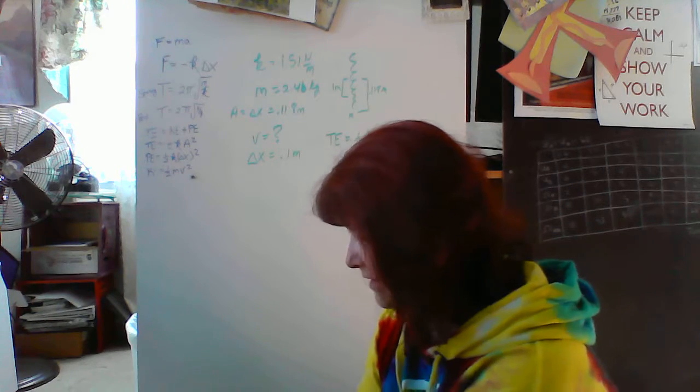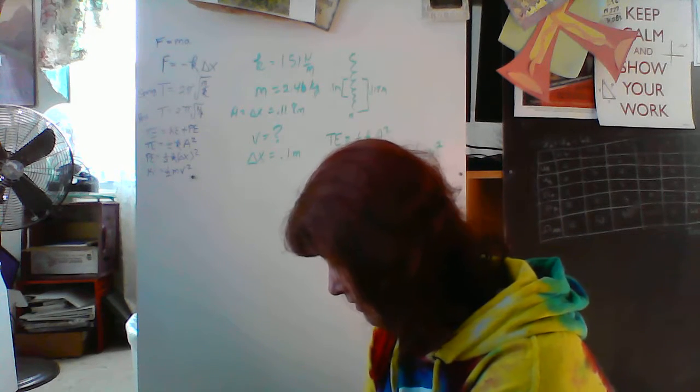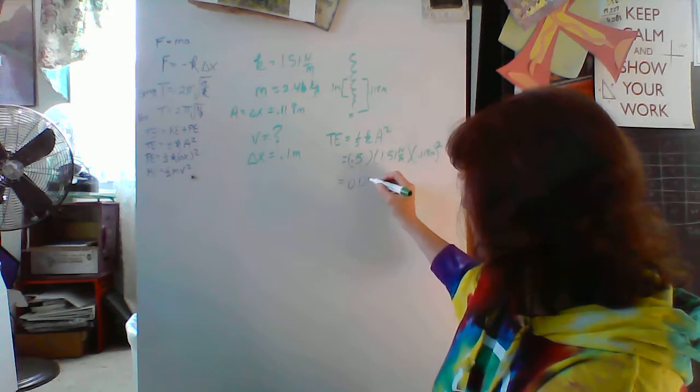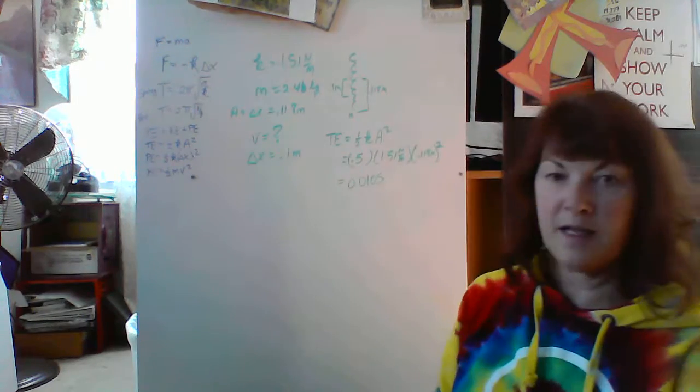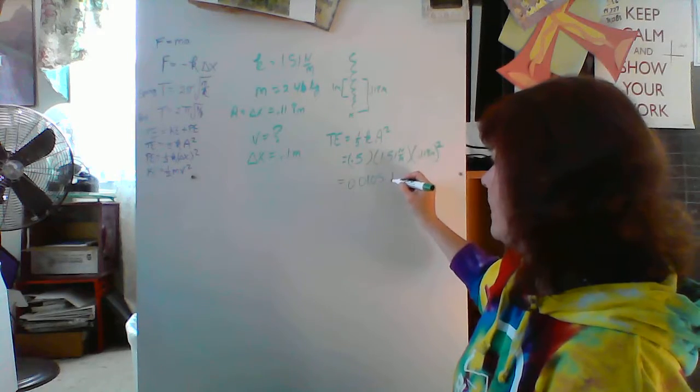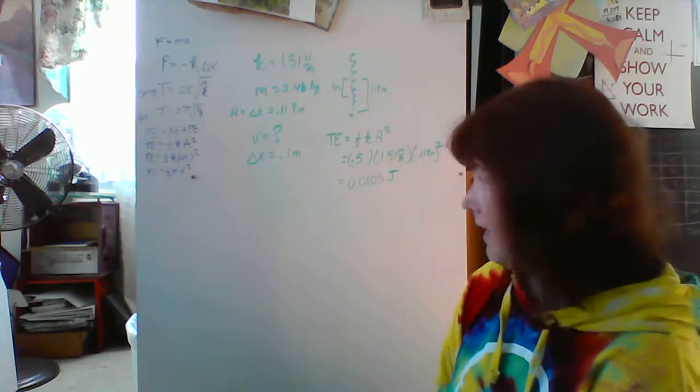If I had written down what I got for my answers here, I would find that the total energy of that system is 0.0105. You can just say 0.01. And our units are energy, so that is joules.